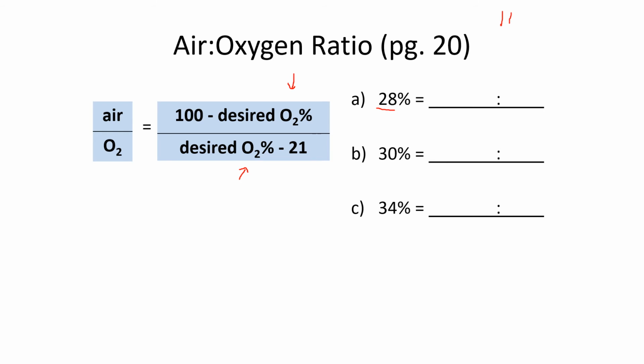For A, we got 100 minus the desired, which is 28, and then 28 minus 21. So this gives us 72 divided by 7. So it's going to be about 10.28. So air is at a 1 ratio.